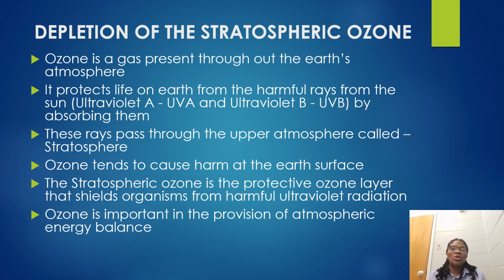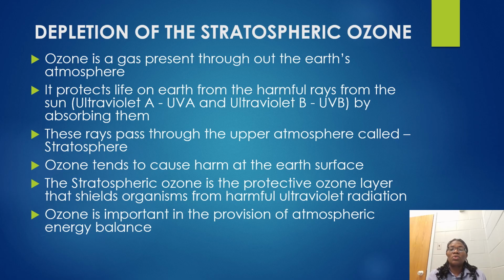stratospheric ozone. Ozone is a gas present throughout the Earth's atmosphere. It actually protects life on Earth, that is, the organisms that are on Earth, from the harmful rays that come from the sun. The rays from the sun contain ultraviolet A, that we call UVA, and ultraviolet B, that we call UVB.